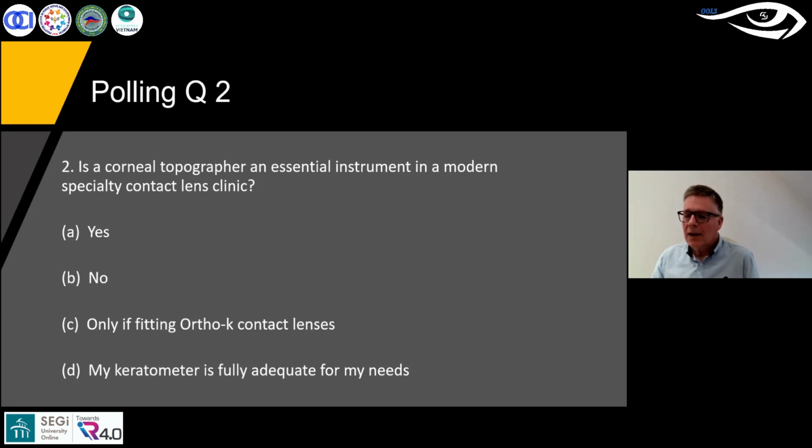So I think the majority of them are saying yes. About 75% of the attendees are saying yes, and a couple of them say it's probably only for ortho-K fittings, and a couple of them still feel that a keratometer is adequate for them. It's a fantastic response.